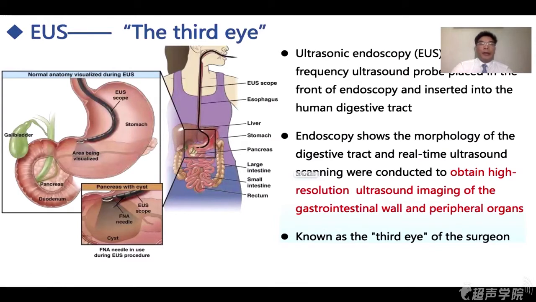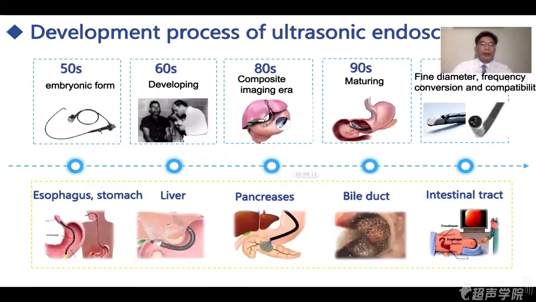EUS was known as the third eye. It is less influenced by gas and bone. It can obtain high resolution ultrasound imaging of the gastrointestinal wall and peripheral organs. This is the developing history of ultrasound endoscopy.